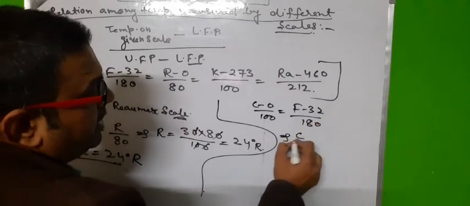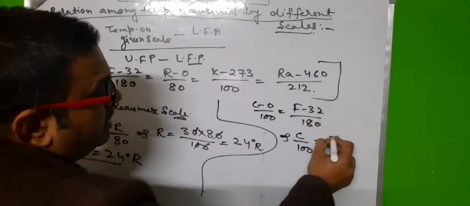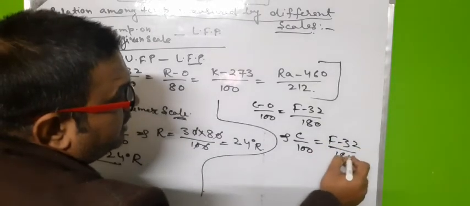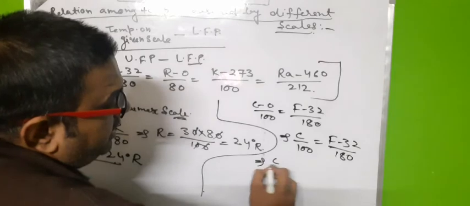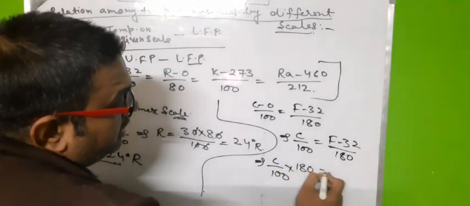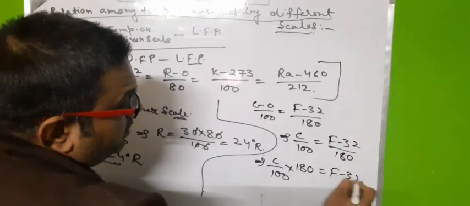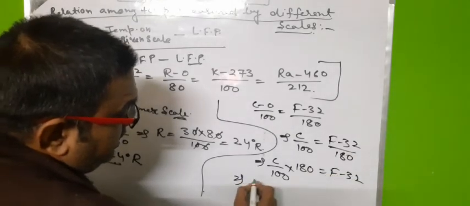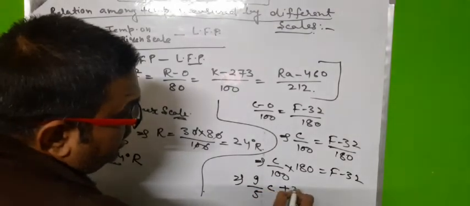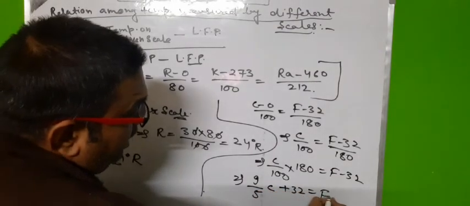So it can be written as C upon 100 equal to F minus 32 upon 180, and it can be written as C upon 100 into 180 equal to F minus 32, and from here we can write it as 9 upon 5 C plus 32 is equal to F.